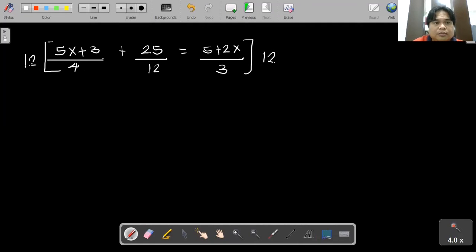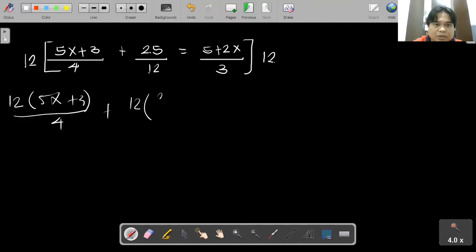So what to do now is we will multiply this 12 to the terms inside the bracket. So this becomes 12 times 5x plus 3 all over 4 plus 12 times 25 over 12 is equals to, again, that's 12, 5 plus 2x all over 3.